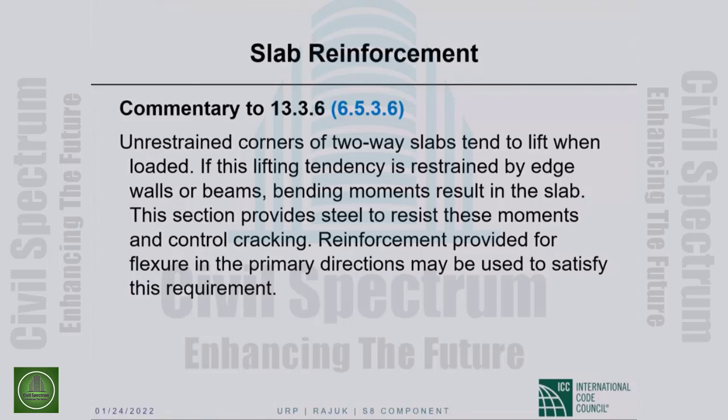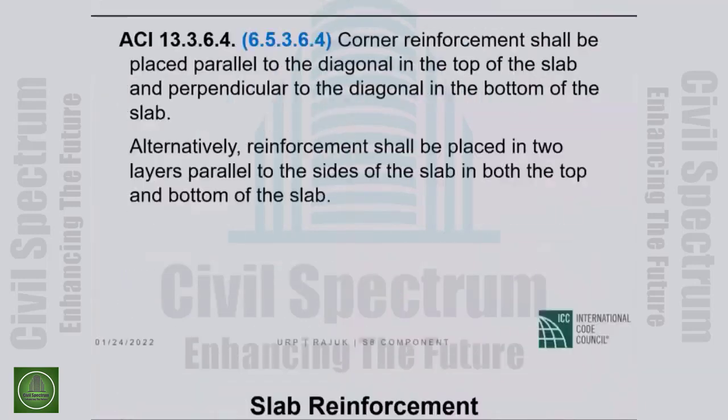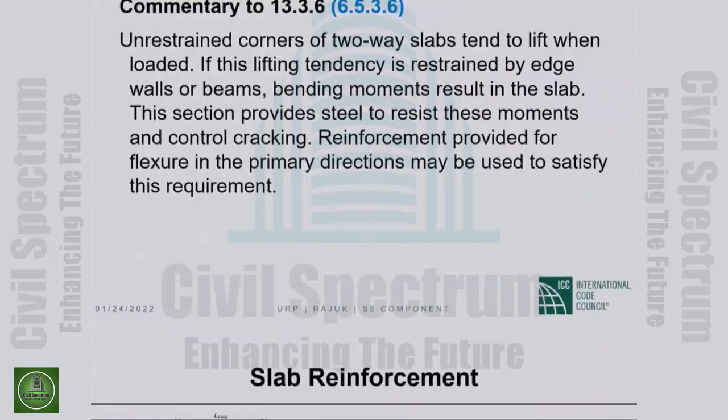If this lifting tendency is restrained by edge walls or beams, bending moments result in the slab. So the slab wants to lift off, you are not letting it lift off, that will set off bending moments in the beams. This section of the code provides steel to resist these moments and control cracking. Reinforcement provided for flexure, etc. Those are details that I'll let you read up.